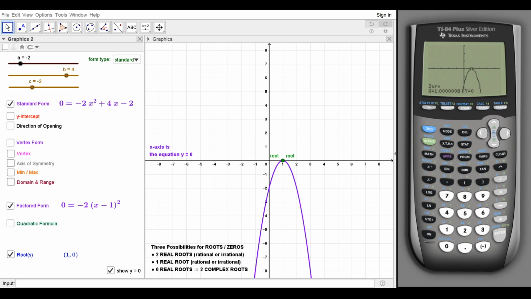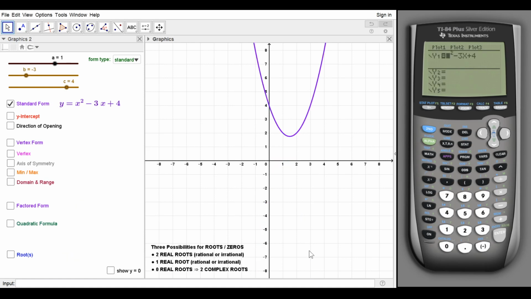Okay, if it's shifted over slightly, it could be an irrational number, or it could be a rational number. So for my third example, we're going to graph y equals x squared minus 3x plus 4. There's the parabola. Setting y equal to 0, you will notice that this graph never crosses the x-axis.